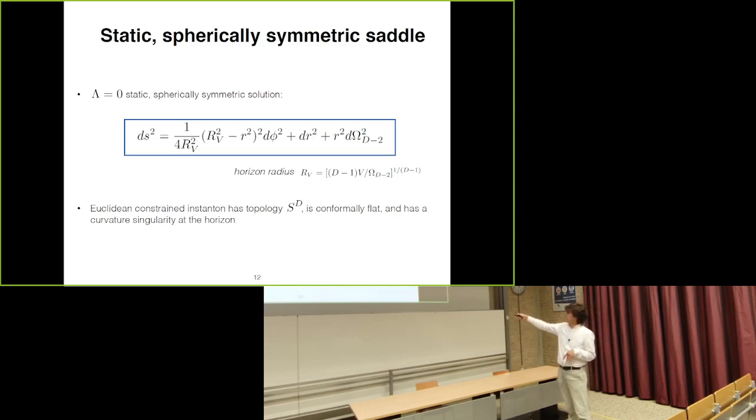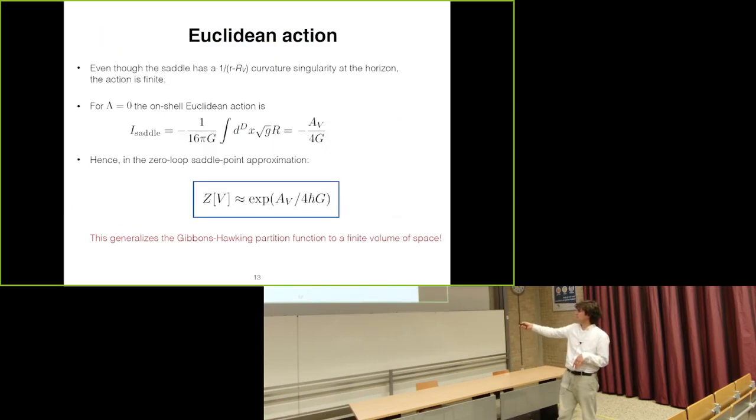And notice that it has a horizon at r = R_V, where R_V is set by the volume big V. And this saddle has topology S^D. It is conformally flat, in fact, but it has a curvature singularity at the horizon, at r = R_V. Now, even though it has a curvature singularity, you can compute the Euclidean action. You can take it on shell, and it's actually finite.